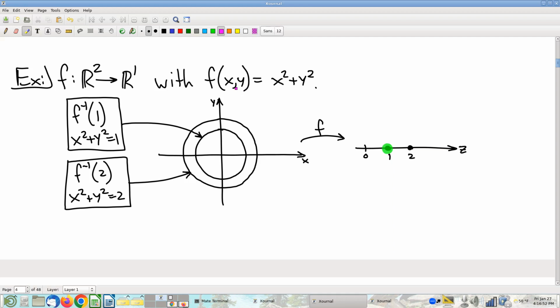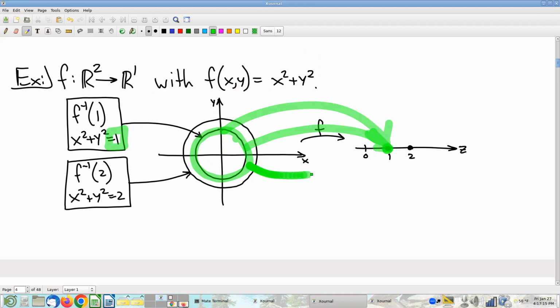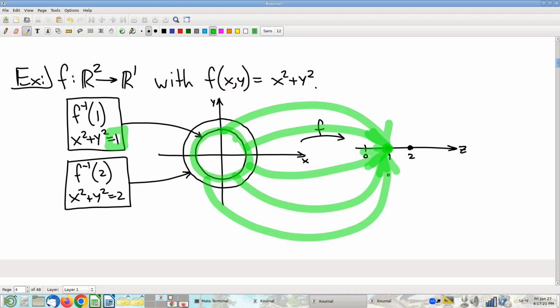Well, f is x squared plus y squared. Setting it equal to 1 gives me this equation here, x squared plus y squared equals 1, and that's an easy equation to understand. That's just a circle. Right, so what we have then all together, we have that all of these points all land on this same output value, 1.